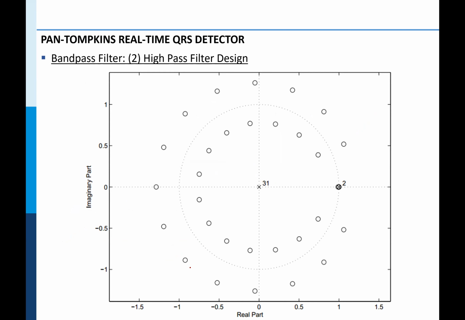If you see this representation, it essentially has a lot of zeros, and also it has poles right at the origin here. The poles at the origin don't do anything to the stability. They make sure the filters are stable. Just to point out, there are also poles on the unit circle, for example, here. And that was intentional.